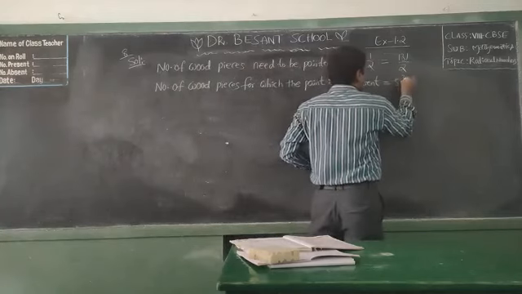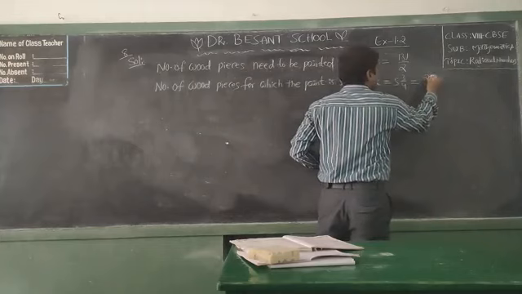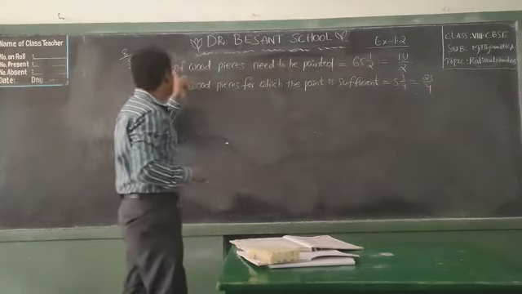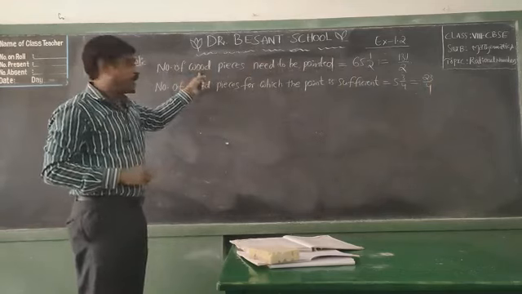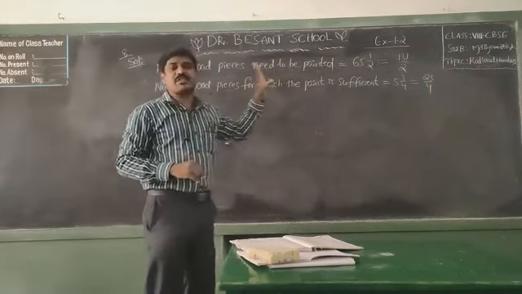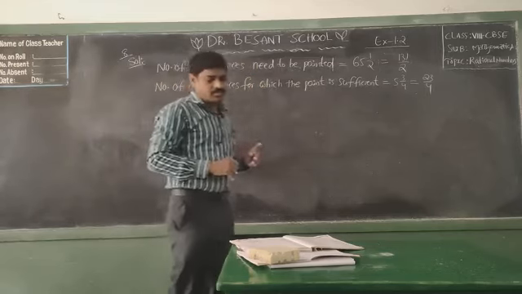So 5 4s are 20, 20 plus 3, 23/4. So this is the number of wood pieces for which the paint is sufficient, that is equal to 23/4.